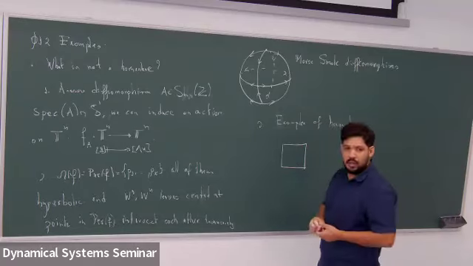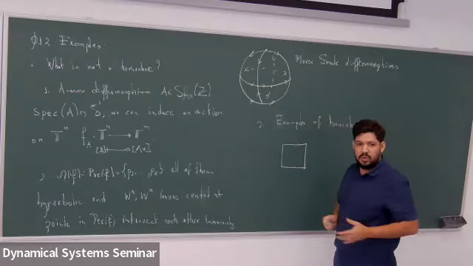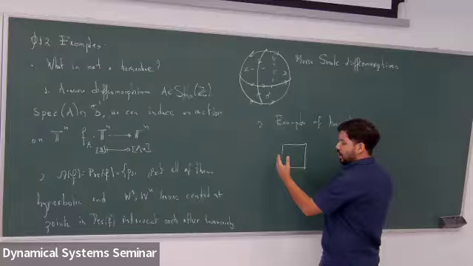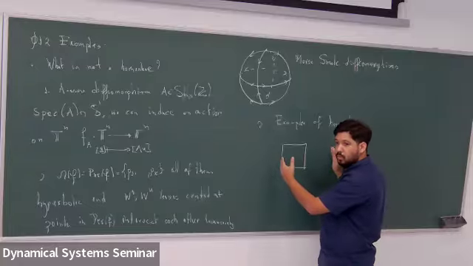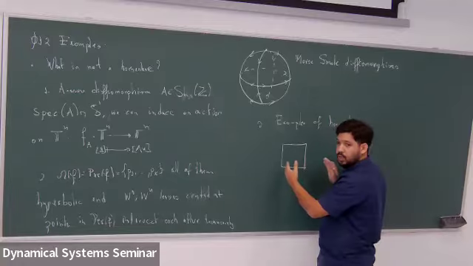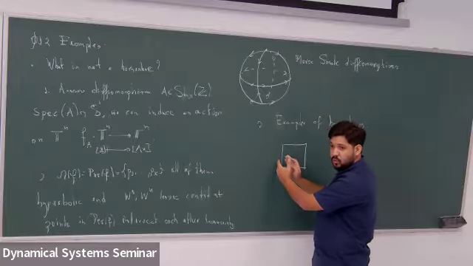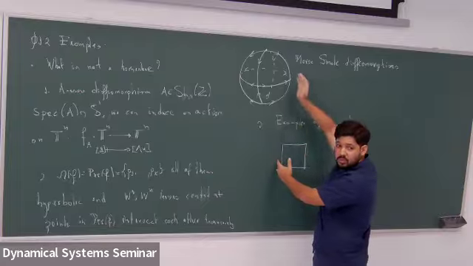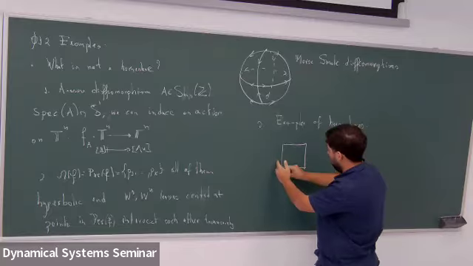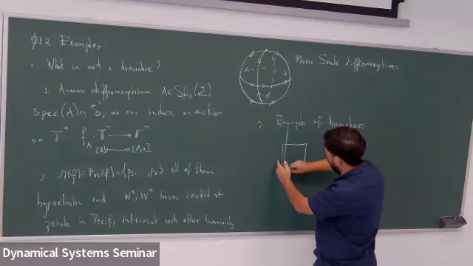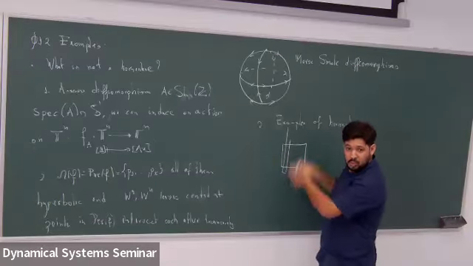It's given by a linear map even. So I give you a square. What I'm going to do is give you the process of construction of the horseshoe. I can apply a linear map that contracts in the horizontal direction and expands this square in the vertical direction. And what you see after that is a tall vertical strip.